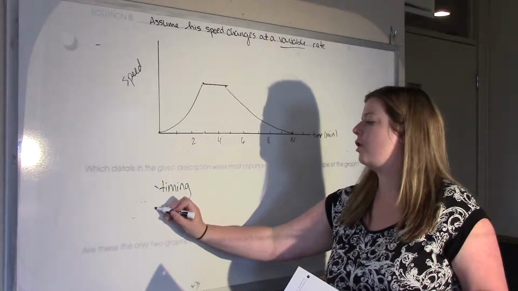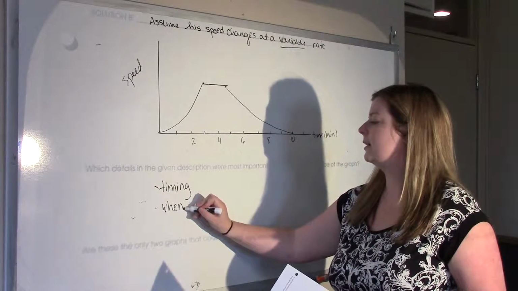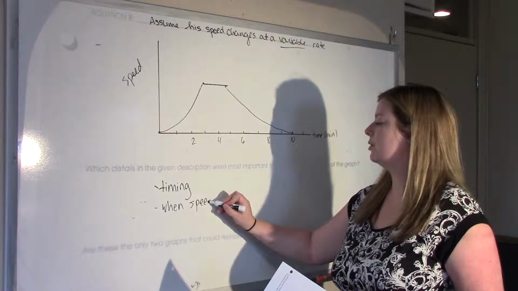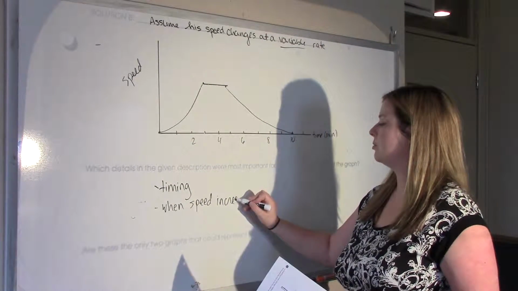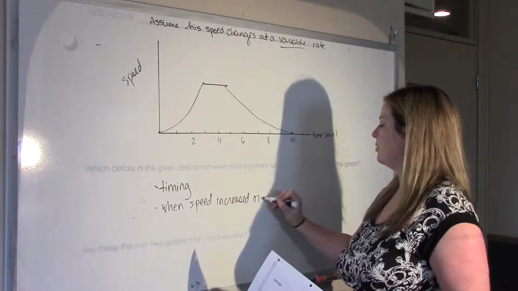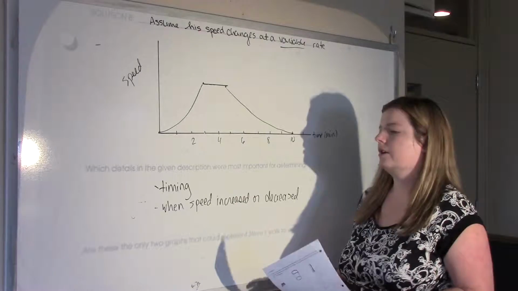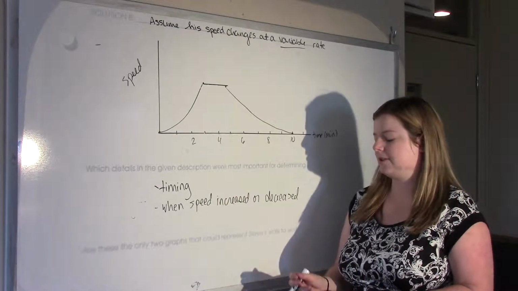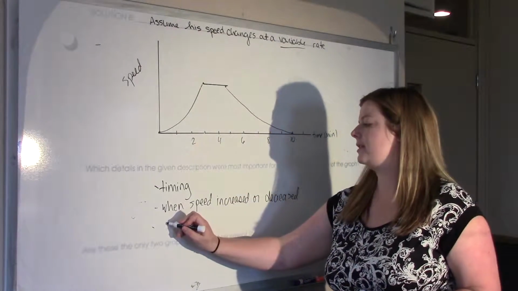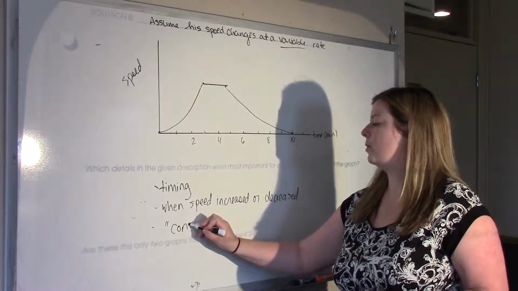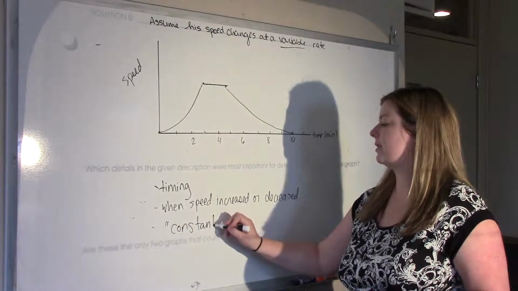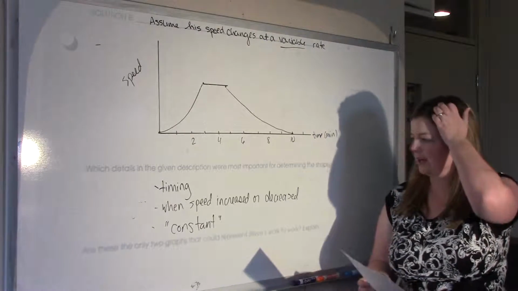Second of all, we needed to know when speed increased or decreased. Okay, so over what time the speed increased or decreased. And we also needed to know when the speed was constant. Okay?